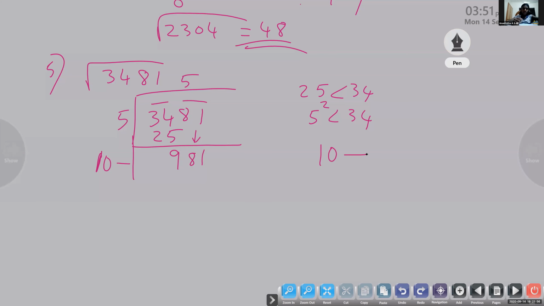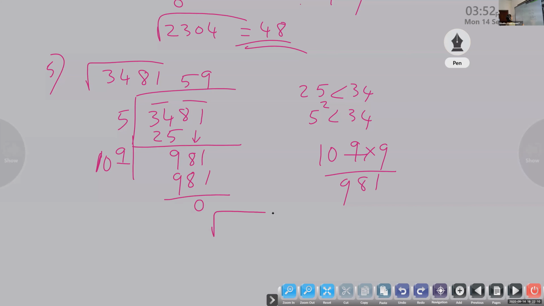Good. We will write 9, 9 into 109 is 981. So we write 9, 59. 981, remainder is 0. Therefore, root of 3481 is 59.